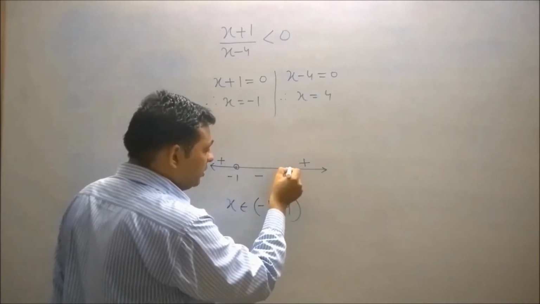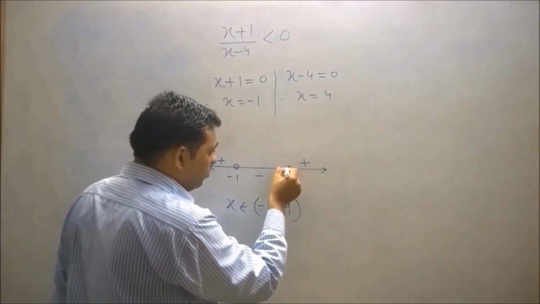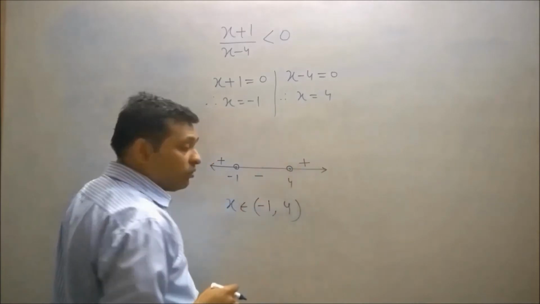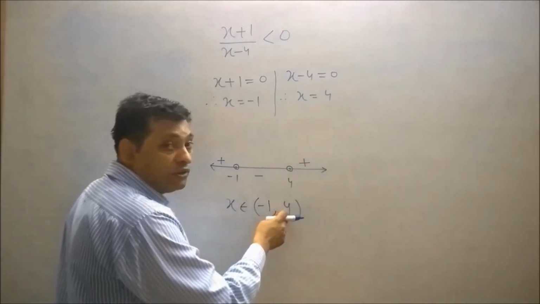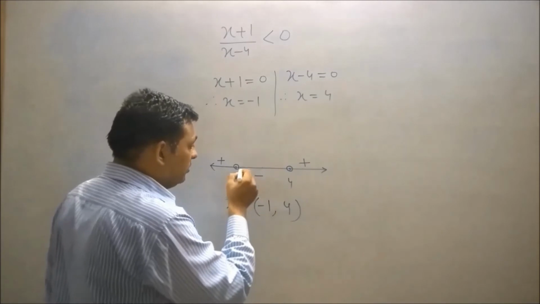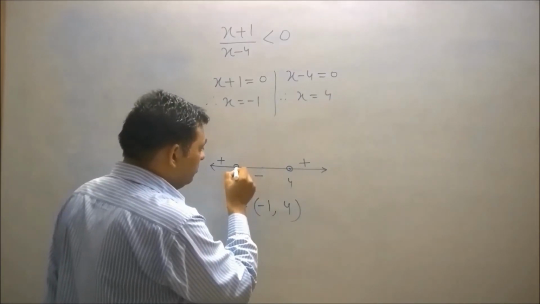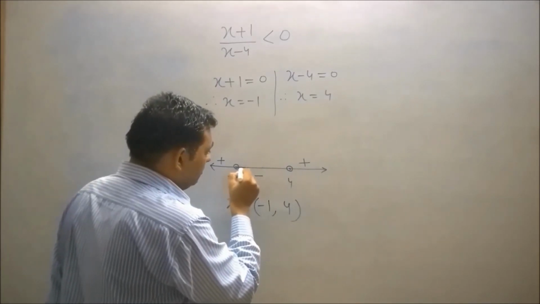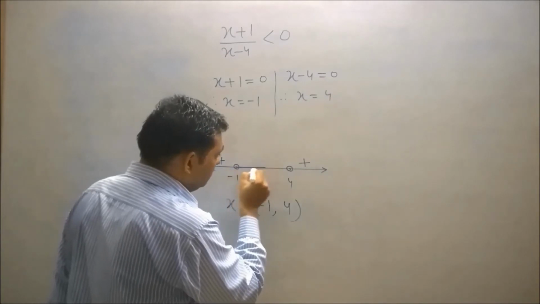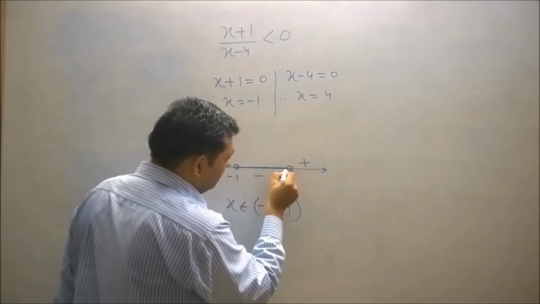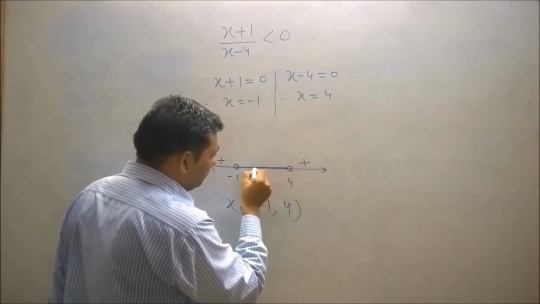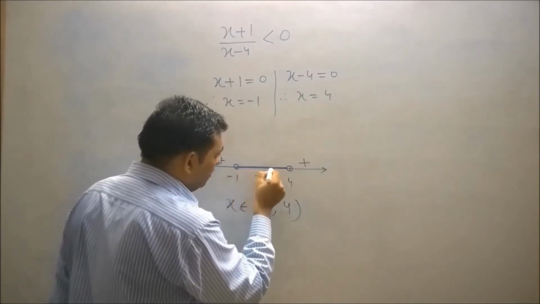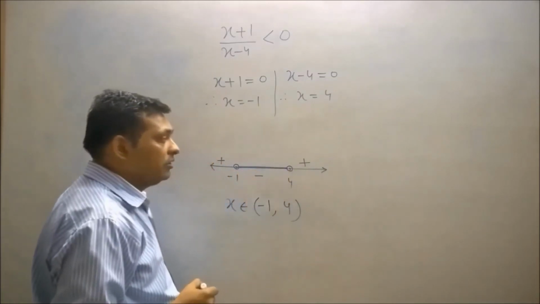Similarly, we also draw an open circle on the point 4, since x = 4 is not a solution. Now darken this portion of the number line, since this is the solution set of the given inequality.